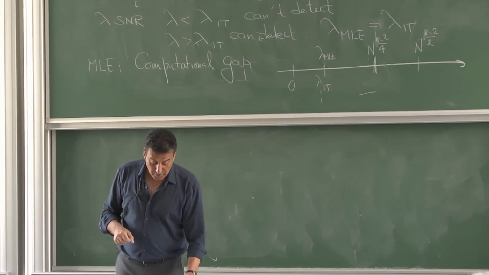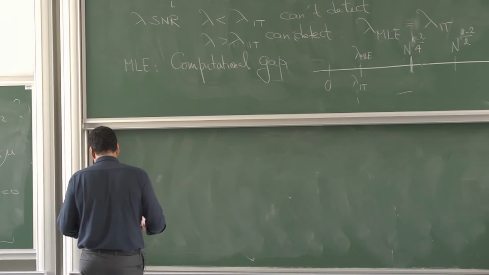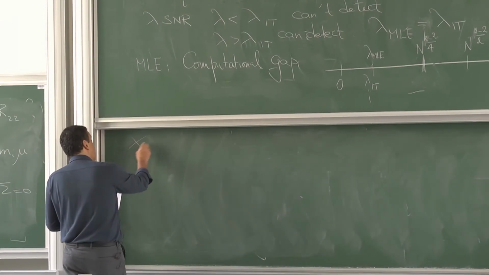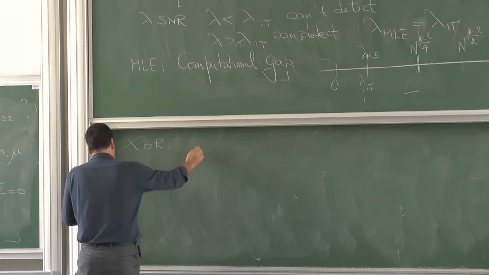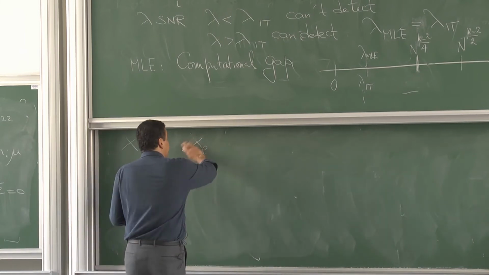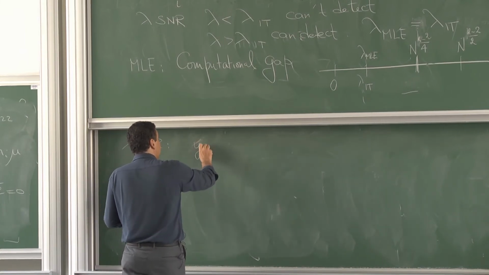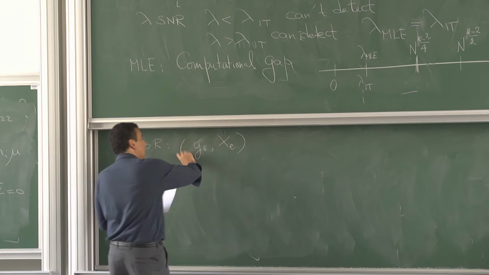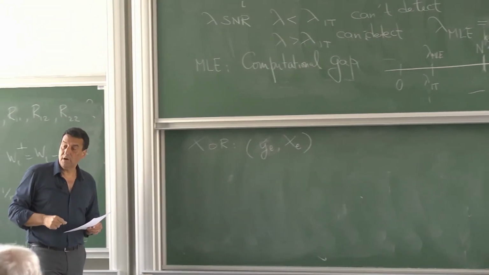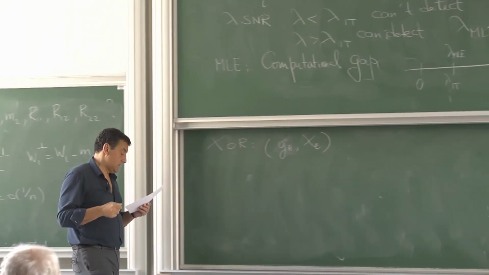Okay, so let's take the Xor problem. I will take a simple Xor thing. I have, again, my data (y_l, x_l) as before. So y is again Bernoulli 1/2, 0 or 1.